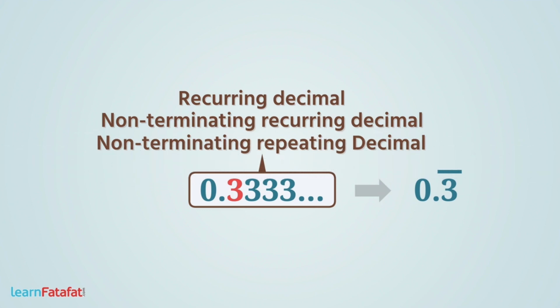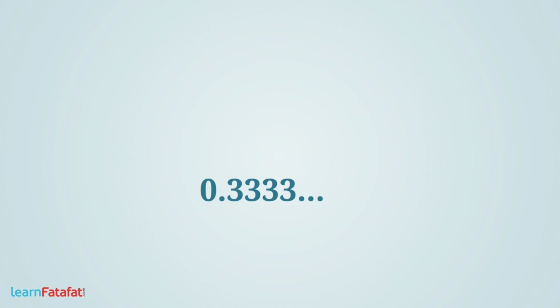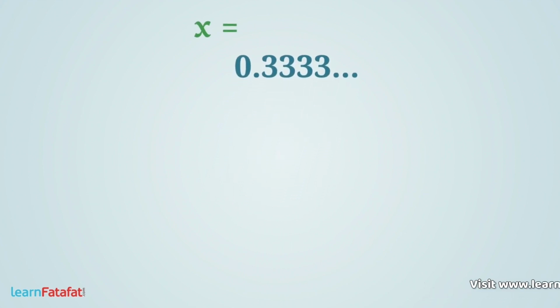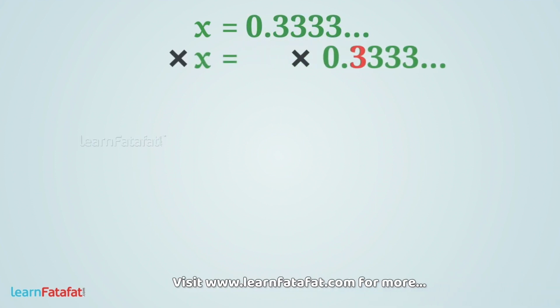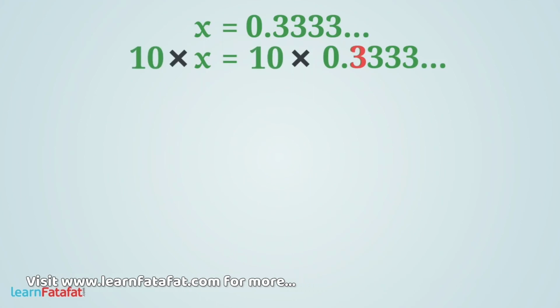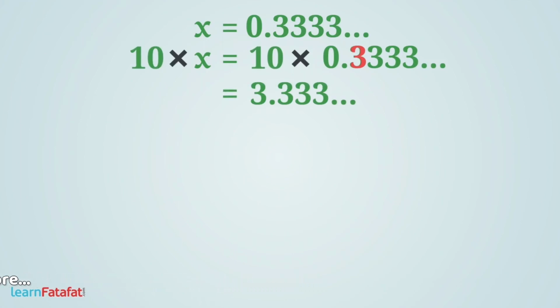To do so, we consider any arbitrary letter, say x equals 0.33333. Here there is only one repeating digit, so we will multiply both sides by 10, which gives 10x equals 3.3333 and so on.